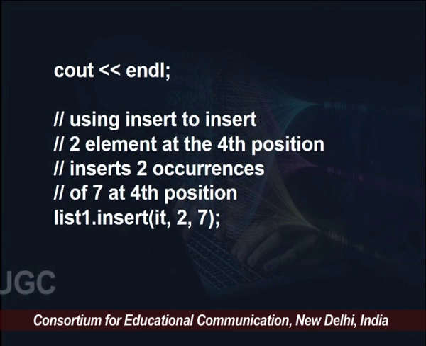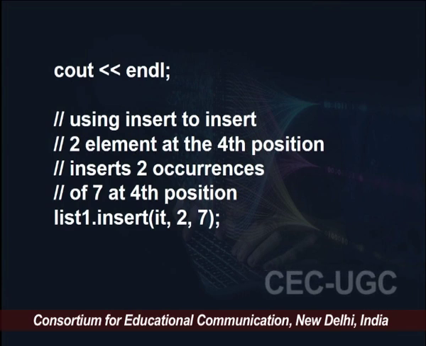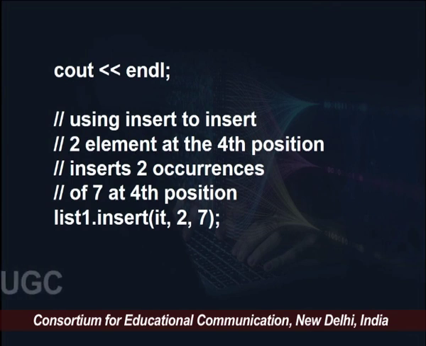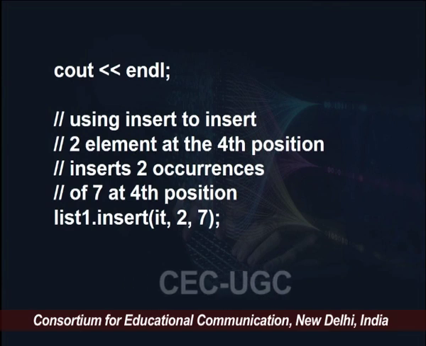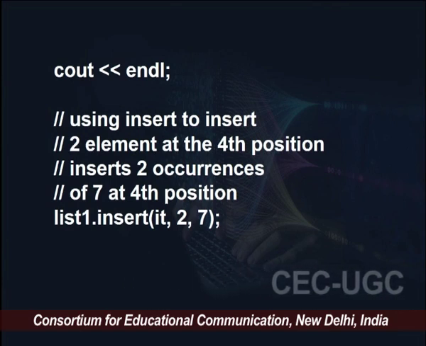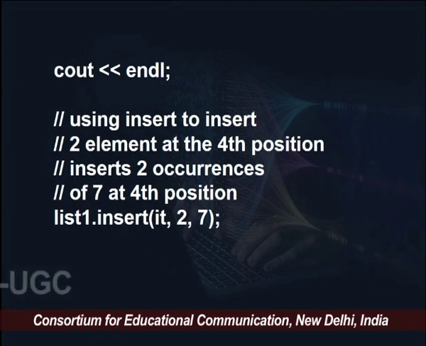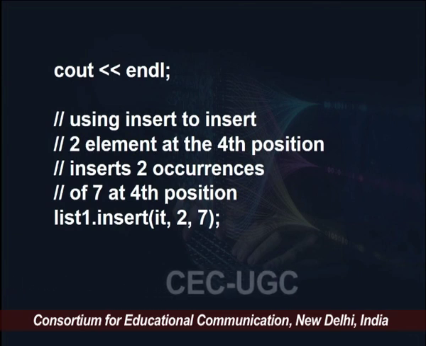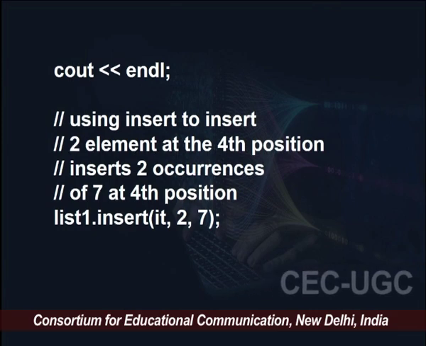The position is IT, and since previously we inserted an element at the 3rd position, your iterator IT is now at the 4th position. So, list 1 dot insert IT comma 2 comma 7. So, 2 occurrences of the element 7 are to be placed at the 4th position.